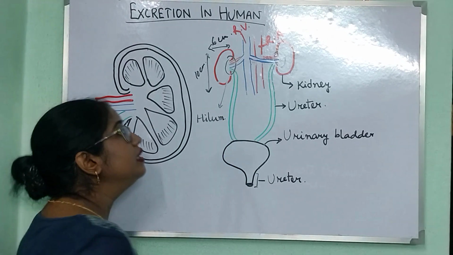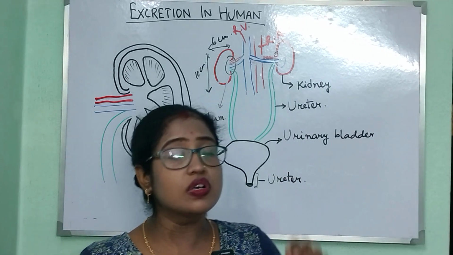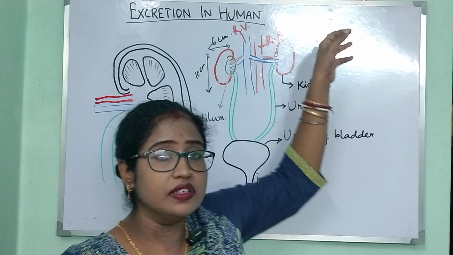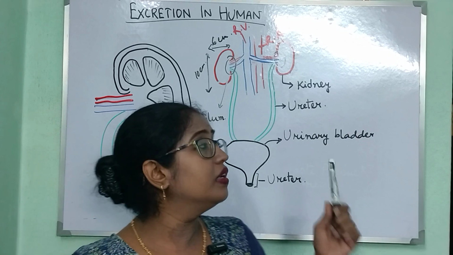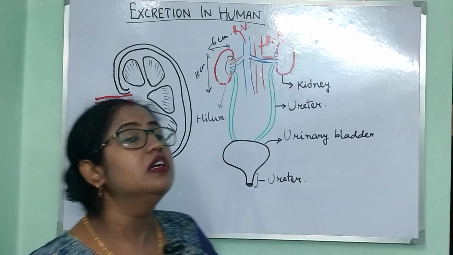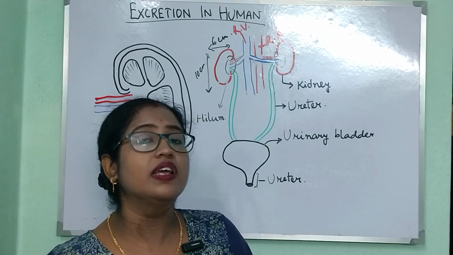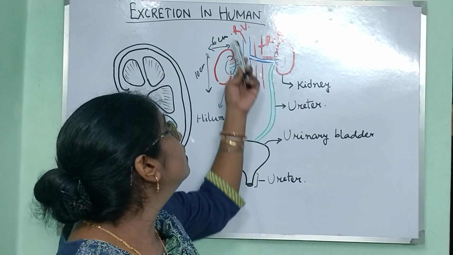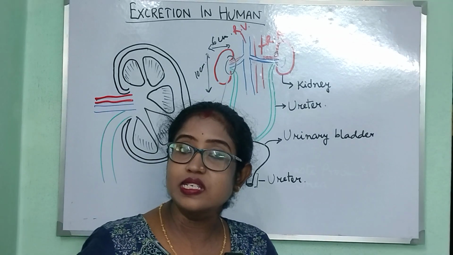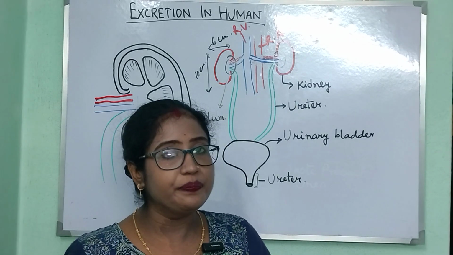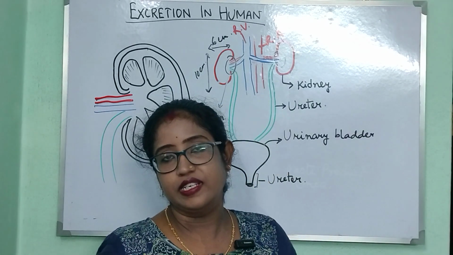The renal artery carries waste-product-mixed oxygenated blood. As it is an artery, I told you in previous classes in the circulation part that arteries always carry oxygenated blood, except the pulmonary artery that carries deoxygenated blood, and all the veins in our body carry deoxygenated blood except the pulmonary vein, which actually carries oxygenated blood.